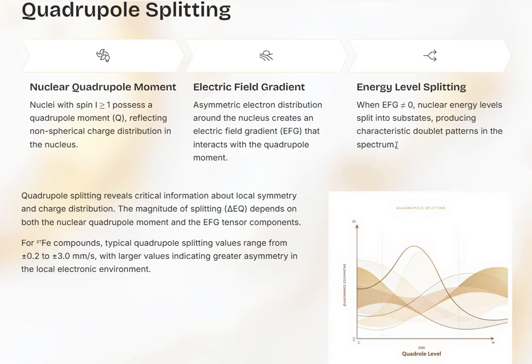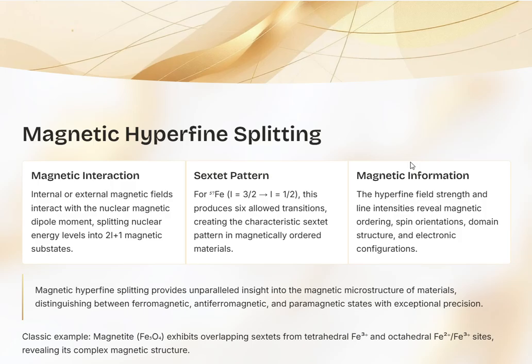The next point that we should discuss is hyperfine splitting. In hyperfine splitting, we have magnetic interactions. An internal or external magnetic field interacts with the nuclear magnetic dipole moment, splitting the nuclear energy levels. As I said, during quadrupole splitting we have two cases: in the absence and in the presence of a magnetic field.